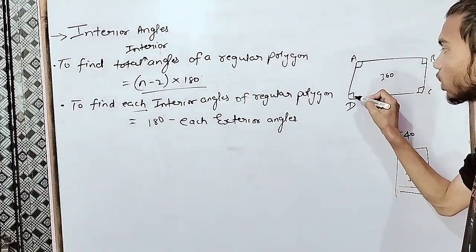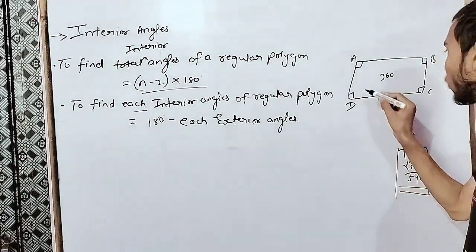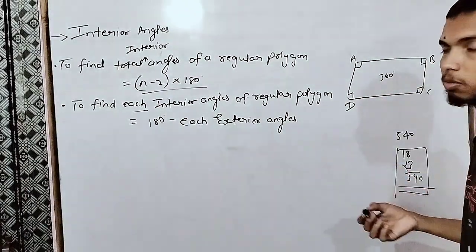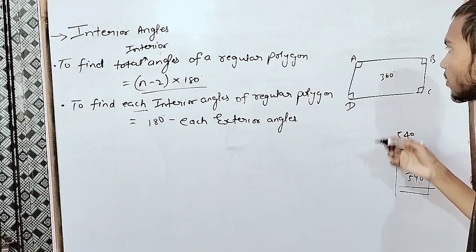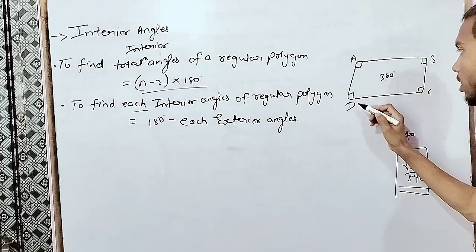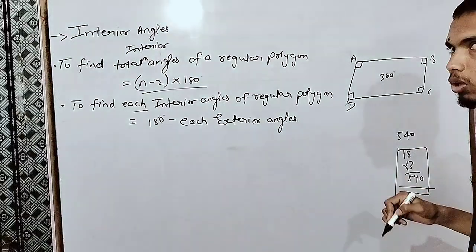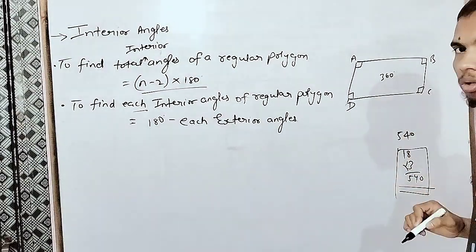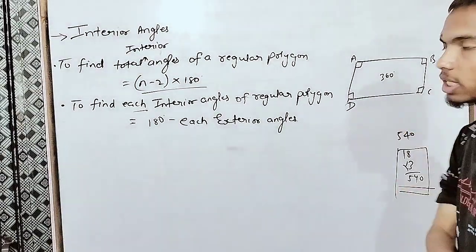To find the value of each of these angles, we just subtract each exterior angle. Now the question is, we don't know the value of each exterior angle.